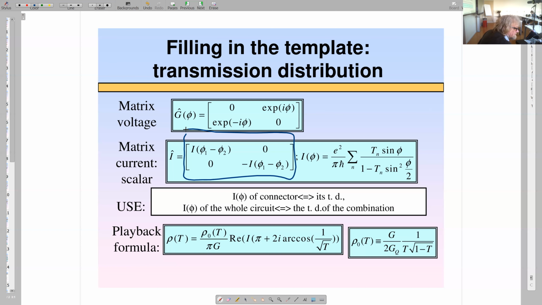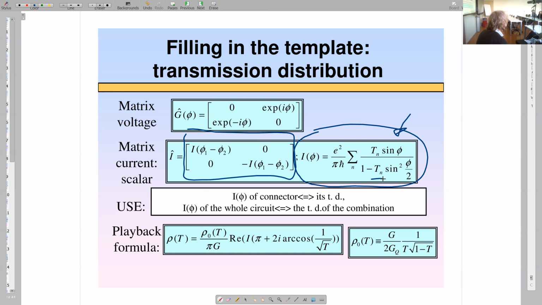And what kind of scalar is it? It is a function of phi and the transmission coefficients. Good. What does it mean? It means that if we know the transmission coefficients, we can sum up or integrate, if it is a distribution, and get a current as a function of phi.